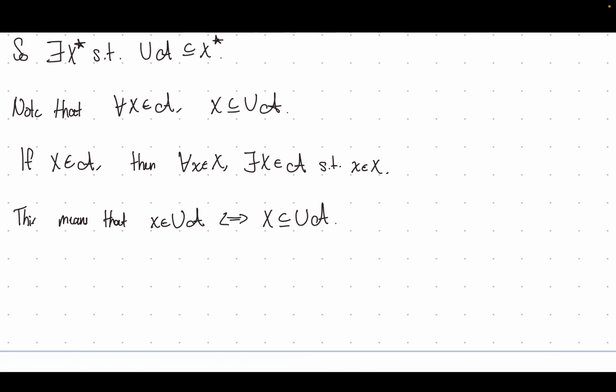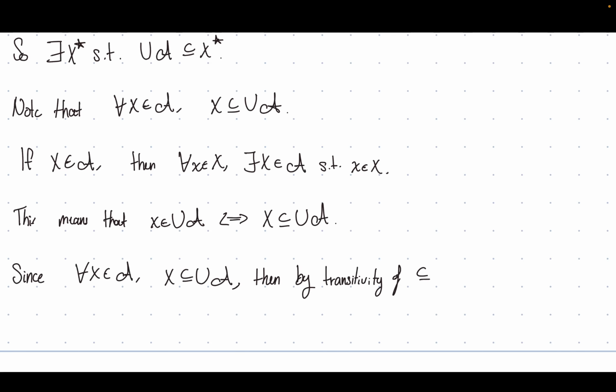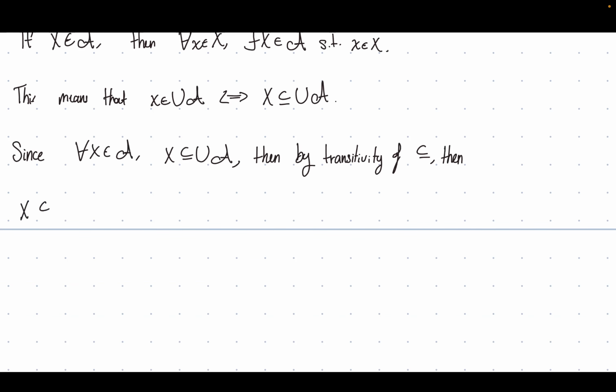And now, since for all big X in script A, X is a subset of the union of script A, then by transitivity of the subset relation, X has to be a subset of X star for all X in script A. And this is where we find our contradiction.